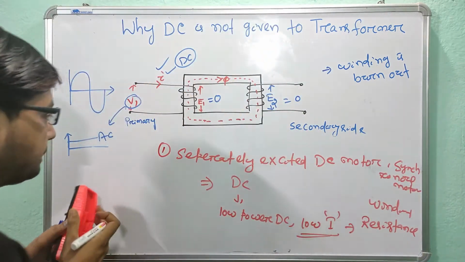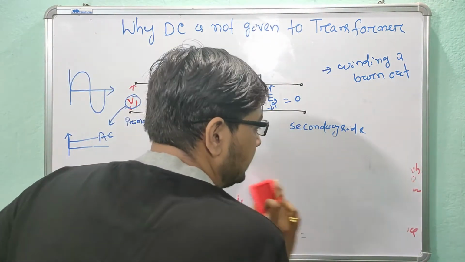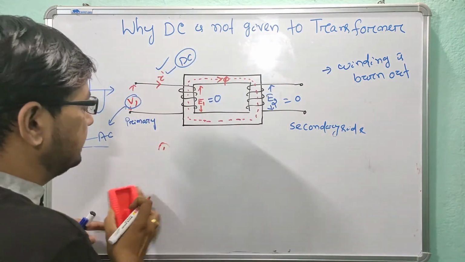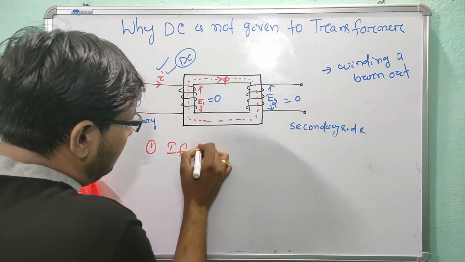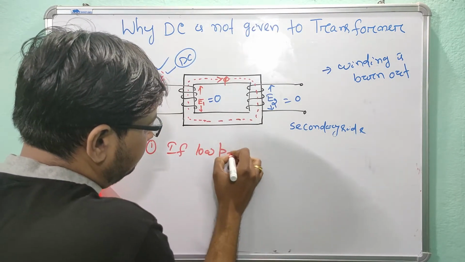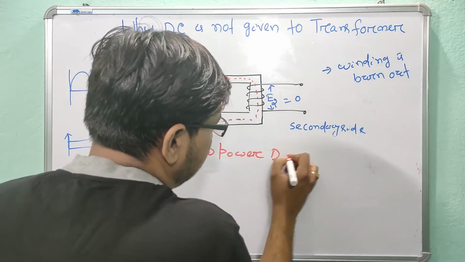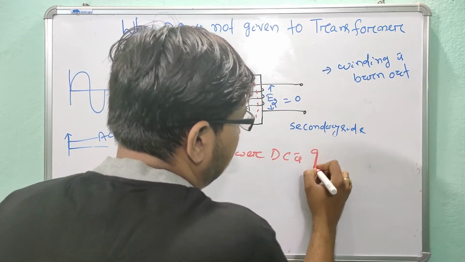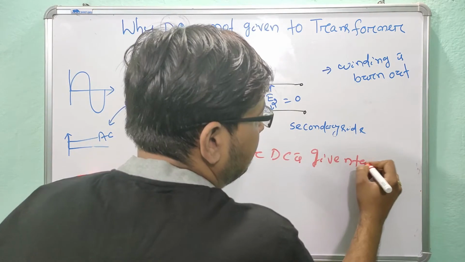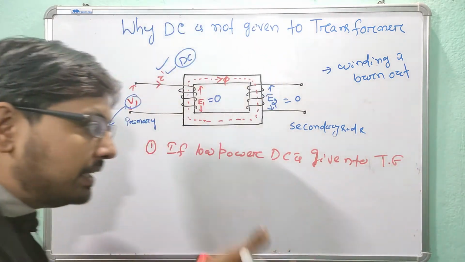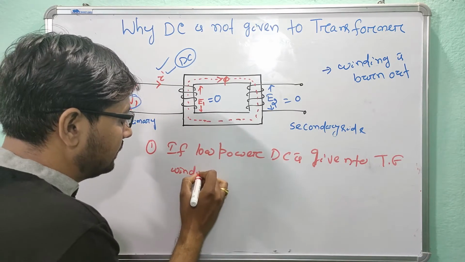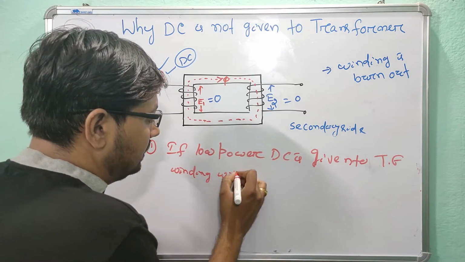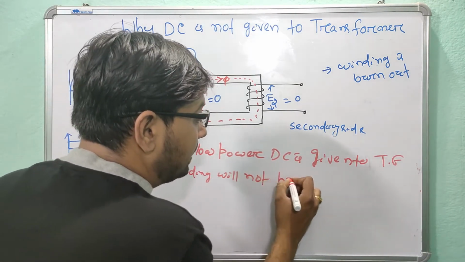So again, point 2 is, if we provide a low value of DC to the transformer, then the winding will not burn out.